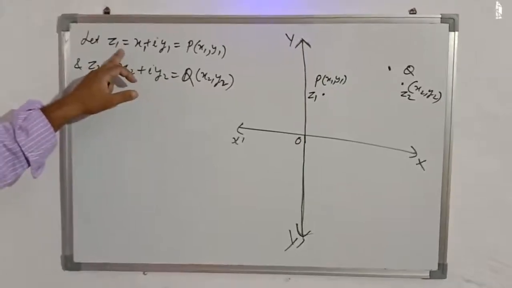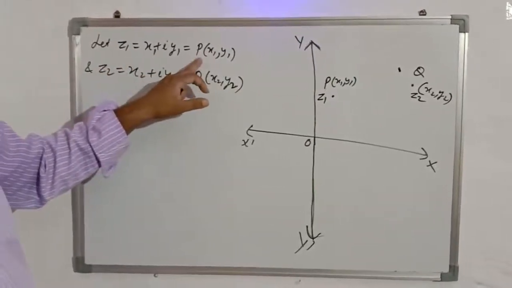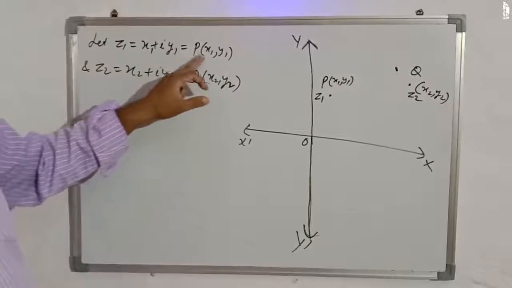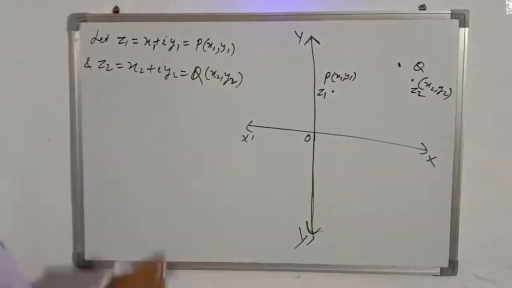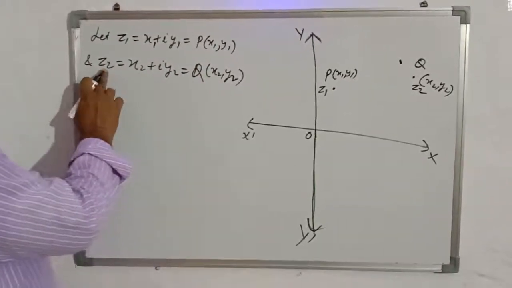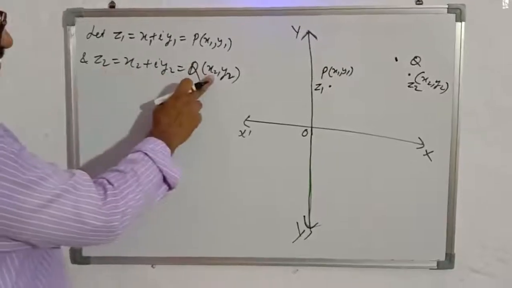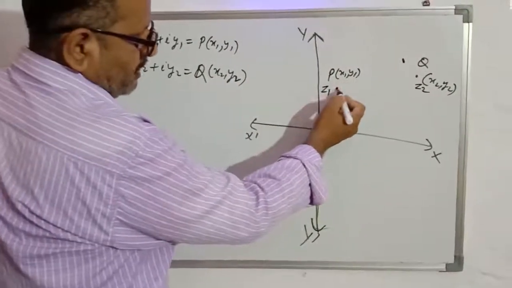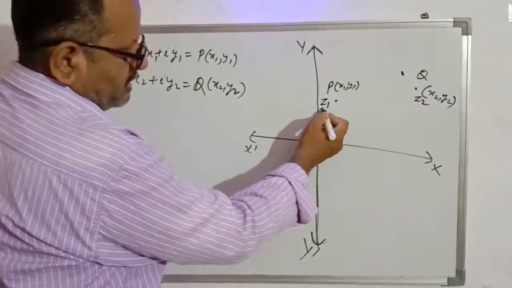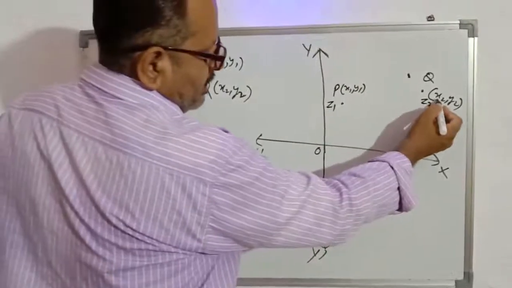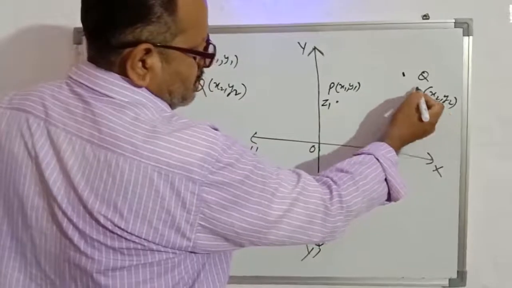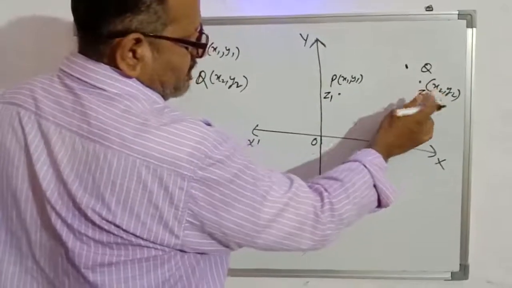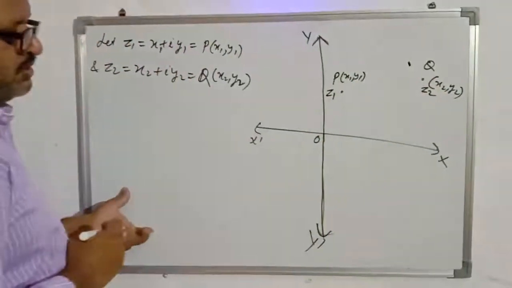The corresponding point of Z1 is P (x1, y1) in ordered pair form, and the corresponding point of Z2 is Q (x2, y2).